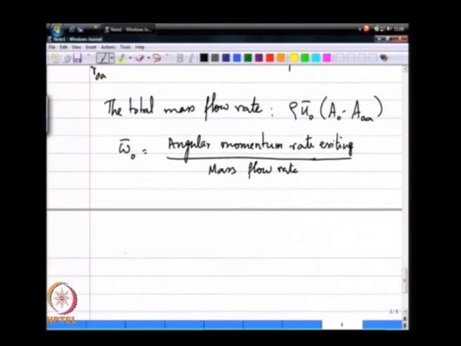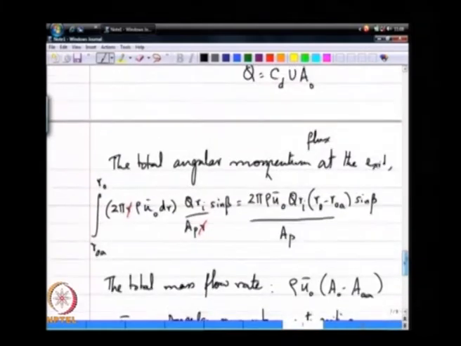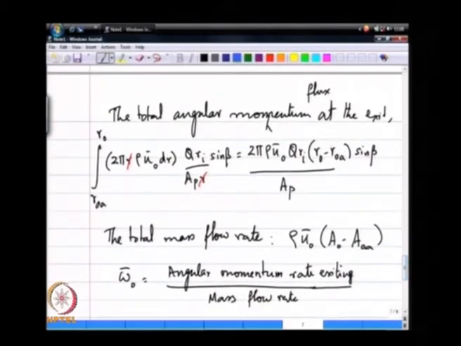So, if I do that, what do I have? This is a simple division of these two quantities we identified.